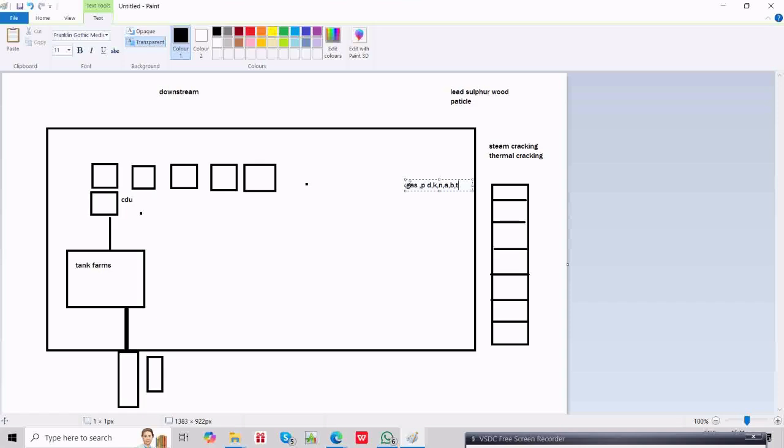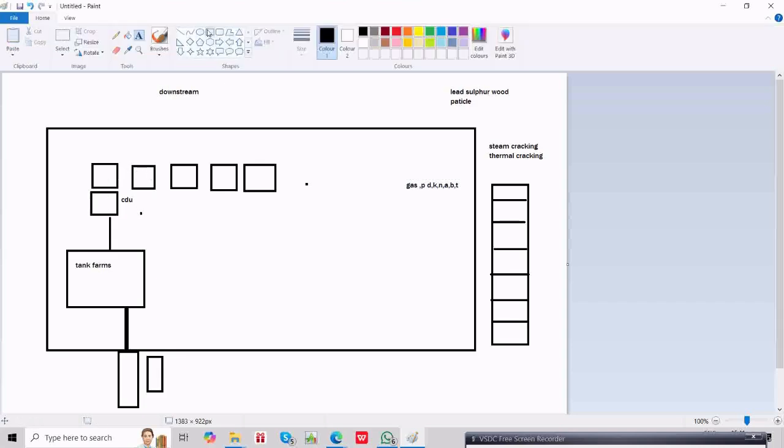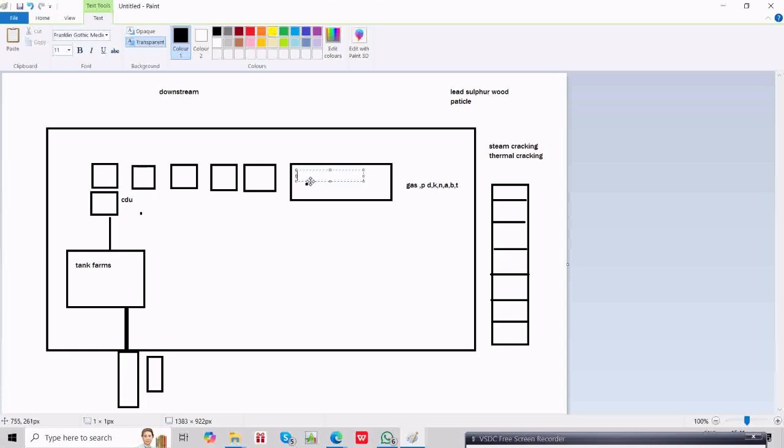Now again, the petrol that you generated here in the CDU unit is not qualified to be put directly in a vehicle, correct? So these byproducts go to different units, and at the end they reach the tank farms. It's a separate tank farm called the byproduct tank farm.